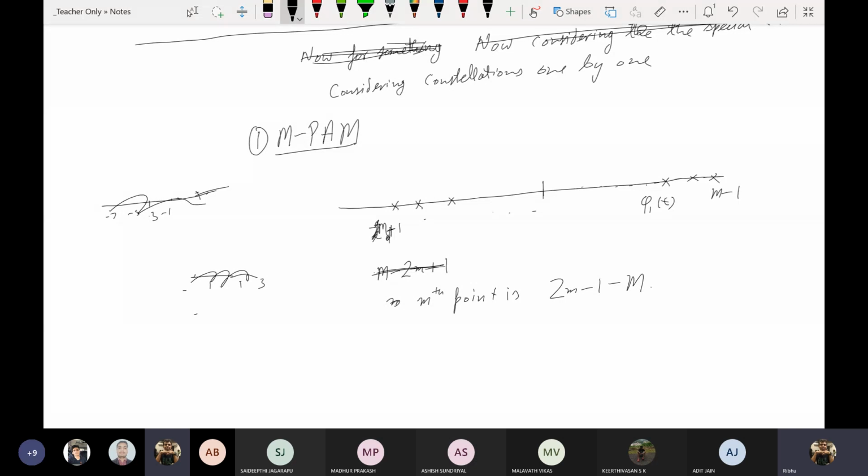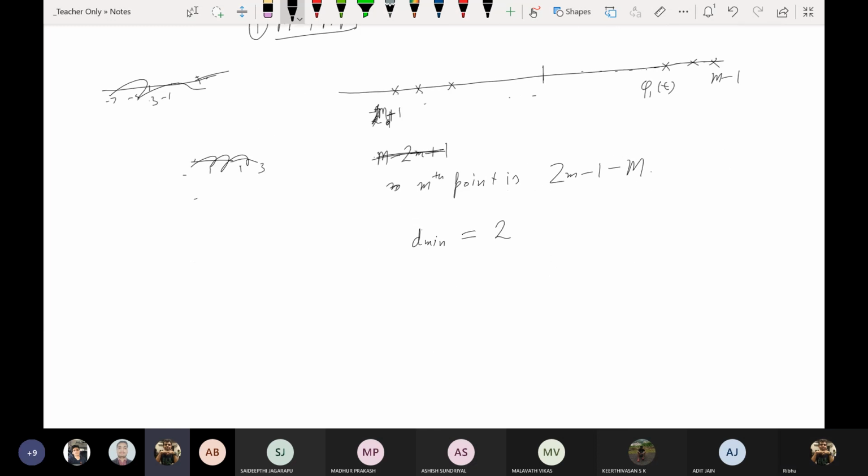So because of that, what we have is that now d min we can write as 2, and based on the average energy, this equals root over, right.